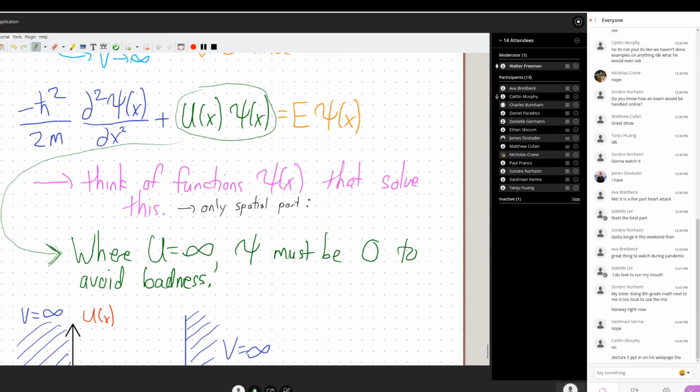I think it's kind of unfortunate that we are using psi for both the full thing and just the spatial part. That's why I'm always writing psi of x, because then once I have the spatial part, I have psi of x.